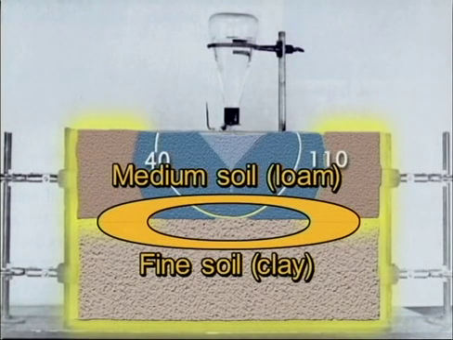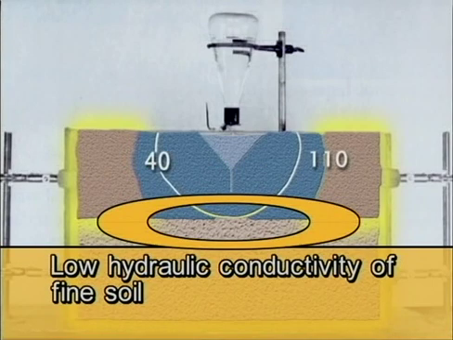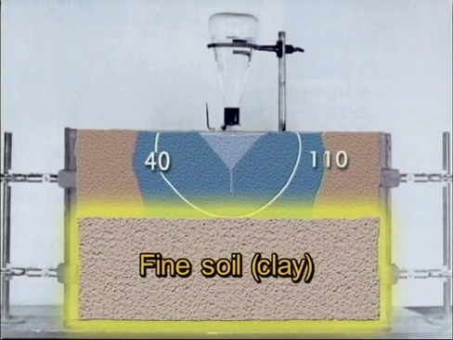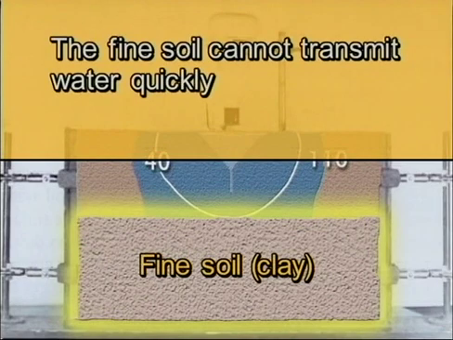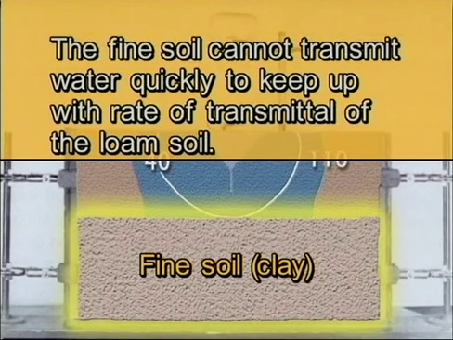But that slower rate of water movement into this layer would basically be due to the lower hydraulic conductivity of that fine layer beneath. It would not be due to trapped air, it would not be due to a lower matrix potential. It would have to do with the fact that that fine textured layer just doesn't have the ability to transmit the water fast enough to keep up with the rate of transmittal of this loamy textured soil above.